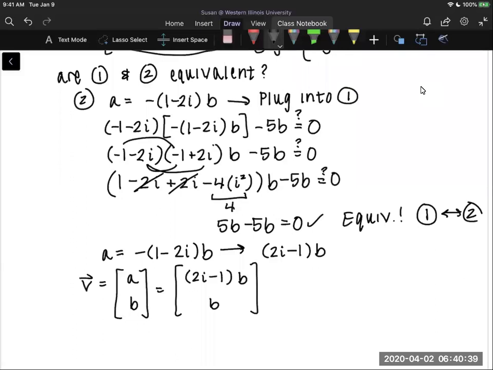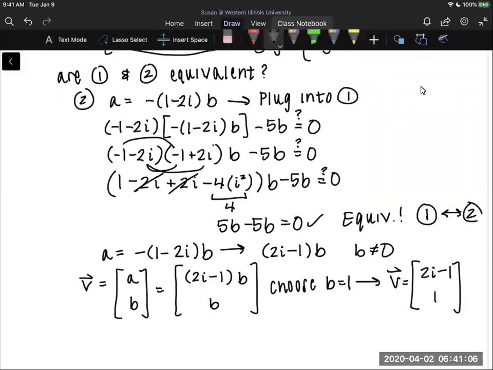Here, we just get to pick whatever b value we want, except for the forbidden value 0. Our eigenvectors are not allowed to be the 0 vector. So I'm just going to choose my favorite value, which is 1. And that gives me my eigenvector of 2i minus 1 and 1. So we officially have our eigenvalue and our eigenvector.